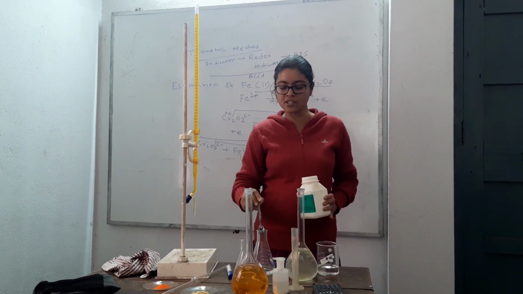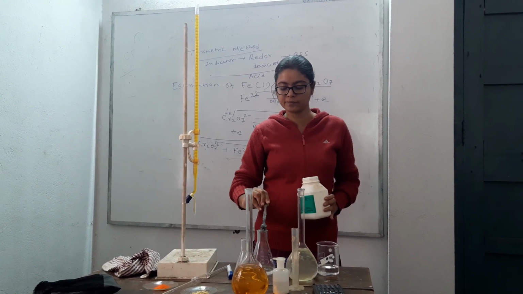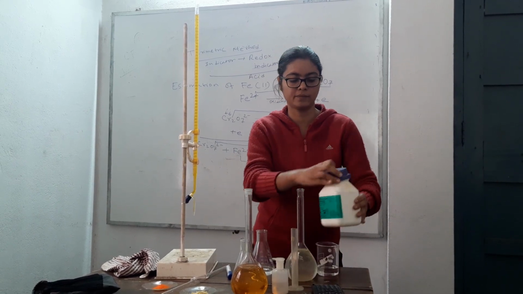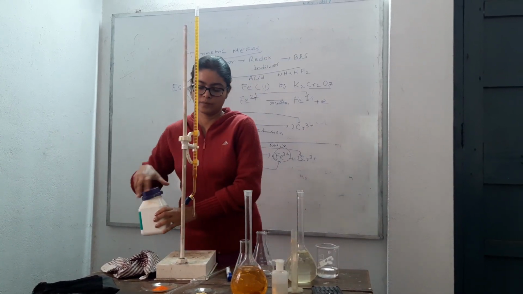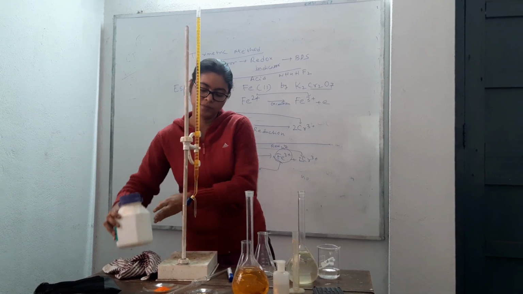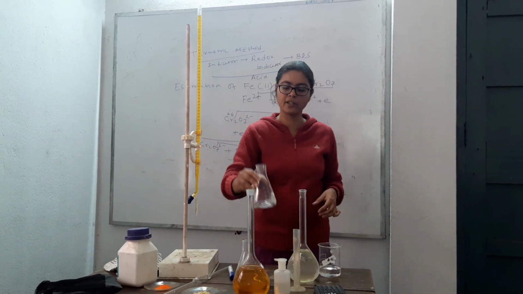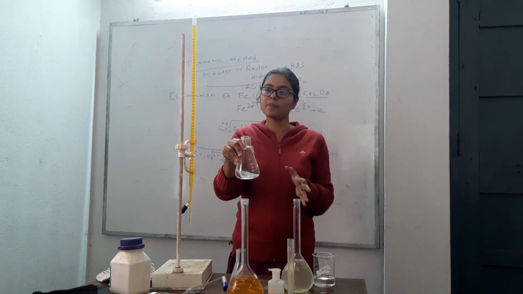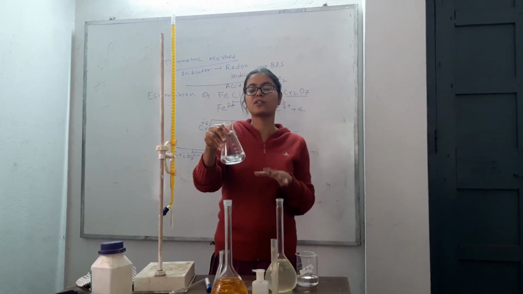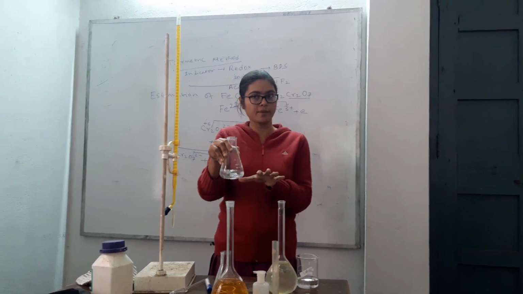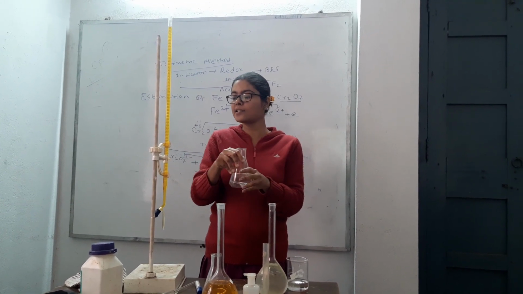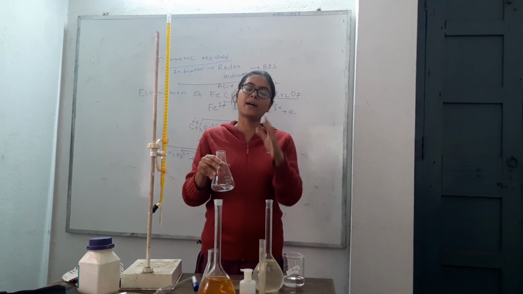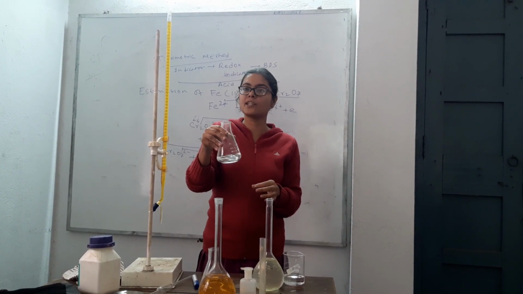So I add this. So here, iron 2 solution, then 25 ml of 4 normal H2SO4 solution for maintaining the acidic pH, and then approximately 1 gram ammonium bifluoride, which masks the iron 3 plus yellow color.